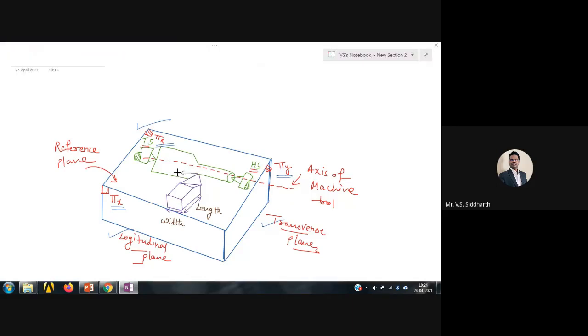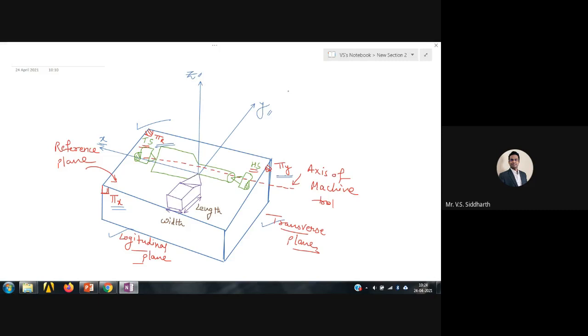If I keep an axis in this direction, and an axis in the perpendicular direction, and another axis in that direction, can I call them X, Y, and Z? So this X is the longitudinal direction. This is the transverse direction, and Z is perpendicular to both.